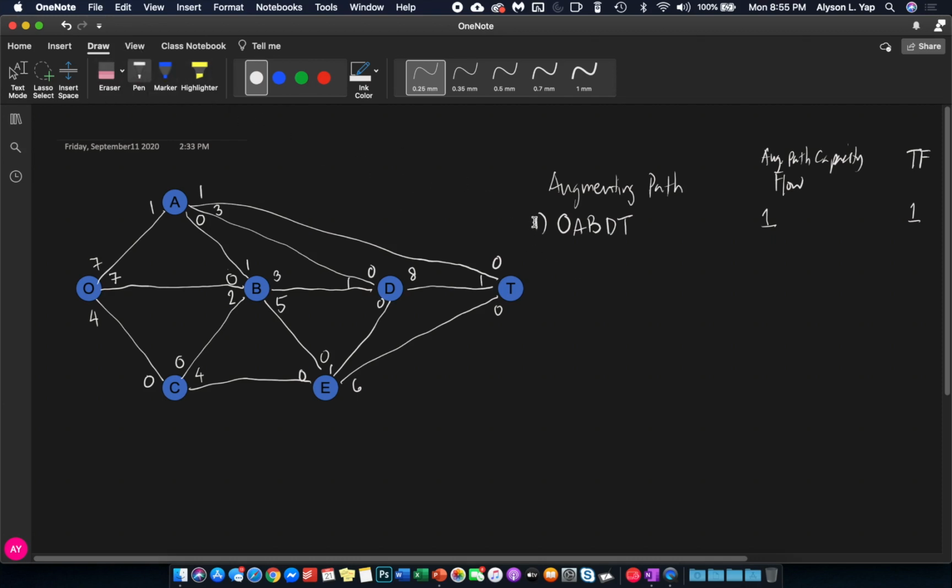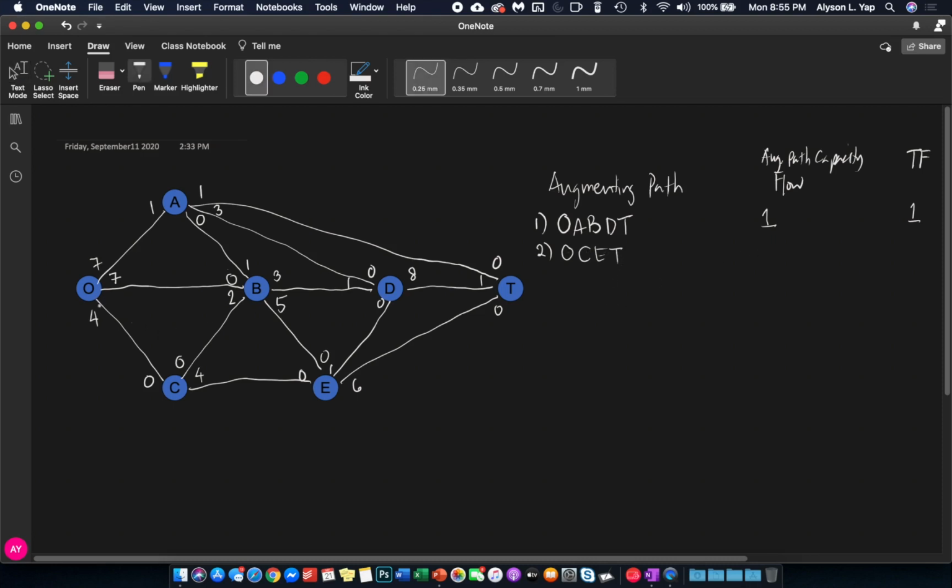The algorithm requires us to exhaust all the augmenting paths available in the graph. So let me give you the second. Okay? The second is, for example, now there are a lot of augmenting paths, but let's say your second is O, C, E, T. And what is the capacity of OCET?